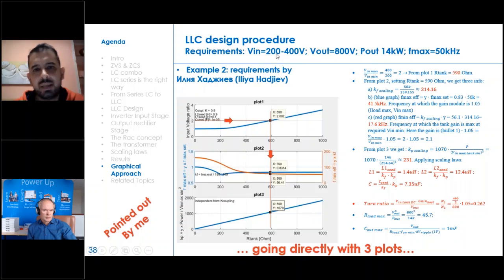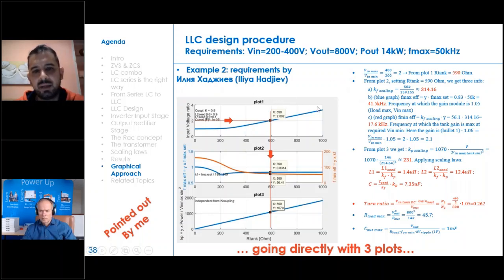These requirements have been extracted from a Facebook conversation, a question made by our colleague that I translated like Ilya Hadiev. Not sure the translation is correct, but I hope it is.